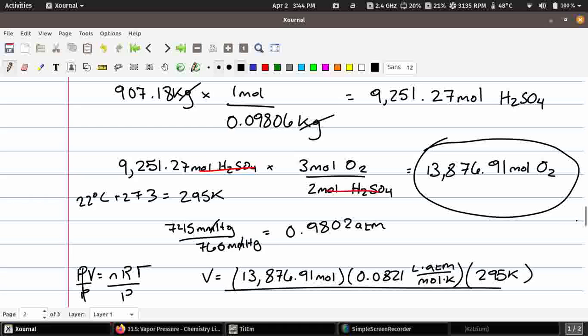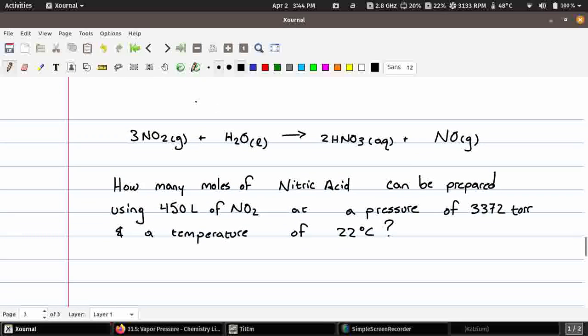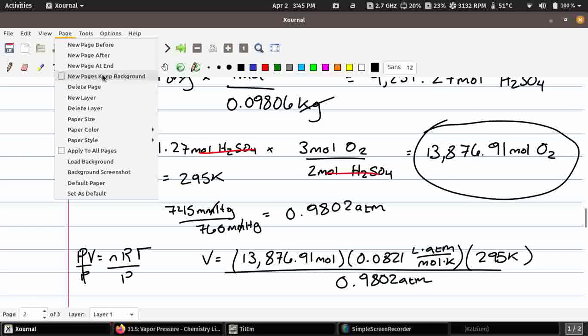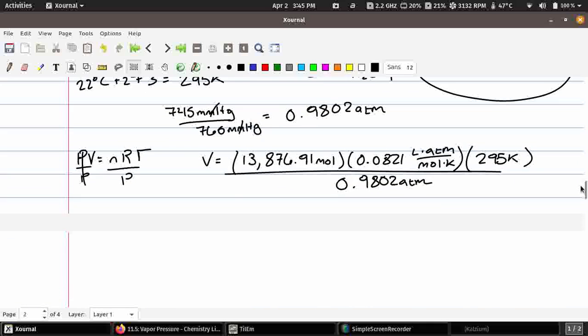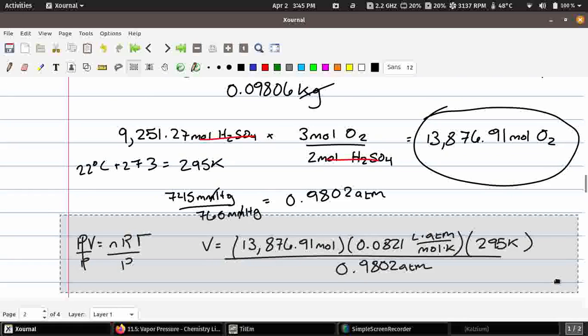We'll just do that. Actually, let me just insert another page, and I'm going to move some of this stuff down.